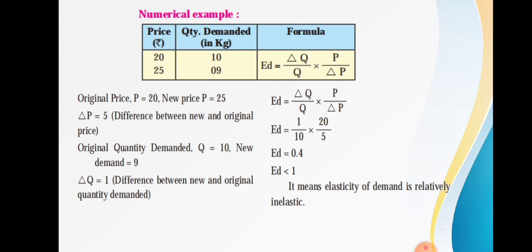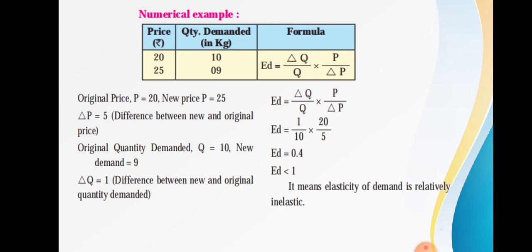We can calculate the ratio or percentage method of price elasticity of demand by applying the formula ED is equal to delta Q upon Q multiplied by P upon delta P. Here the original price is 20 and the new, increased price is 25.